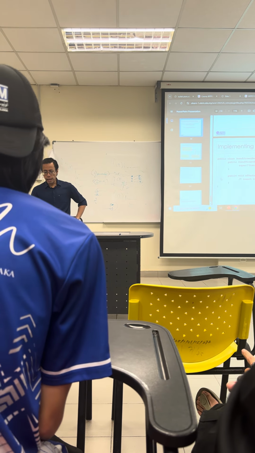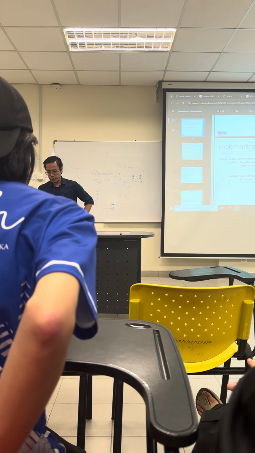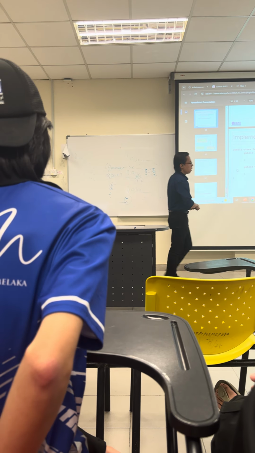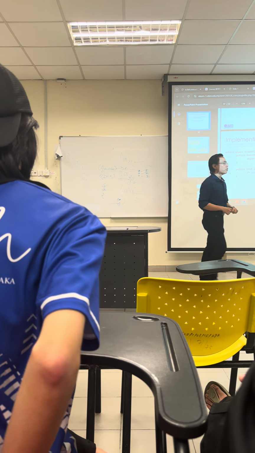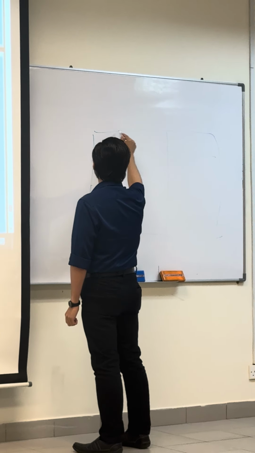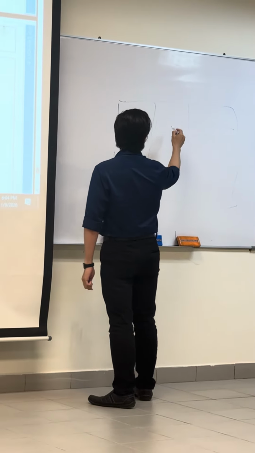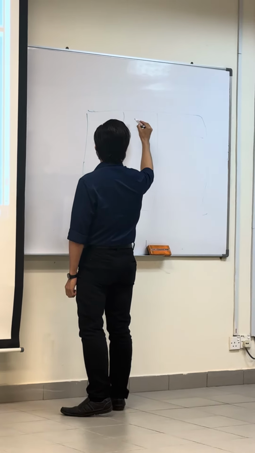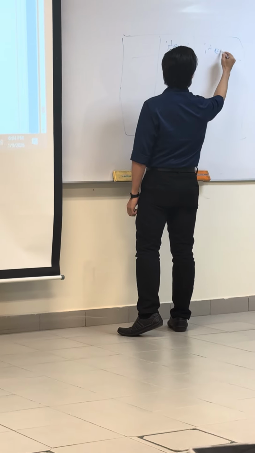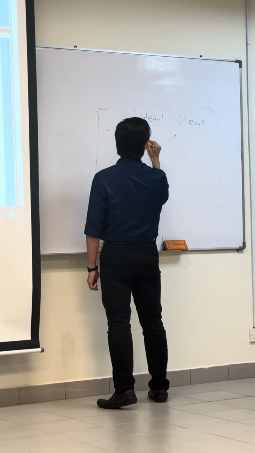Okay, if they ask you a question about the differences, there are some questions that ask about differences. Try to create a table. Write a table, and then for example item 1, then item 2, and then the difference.